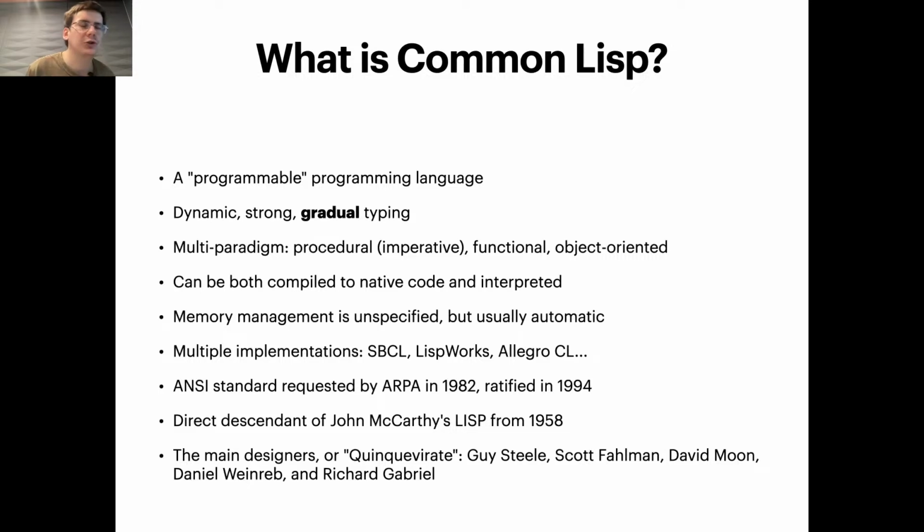Nowadays, functional programming is more focused on complex type systems and such, but I will explain how Common Lisp also implements functional programming. And Common Lisp is also object-oriented. It's a major part of the language.